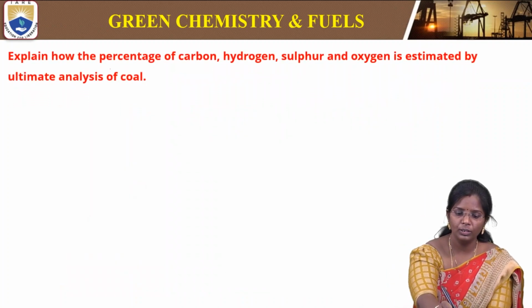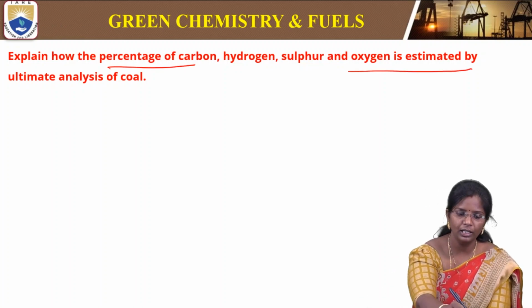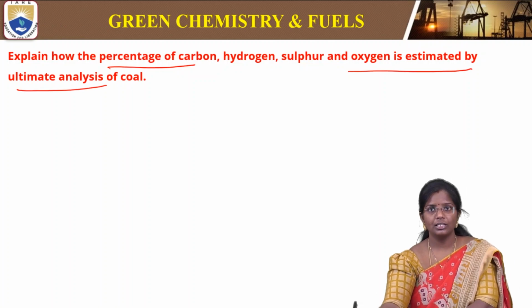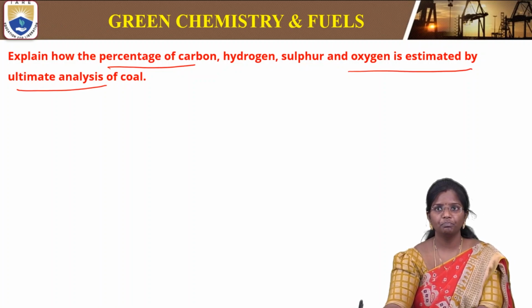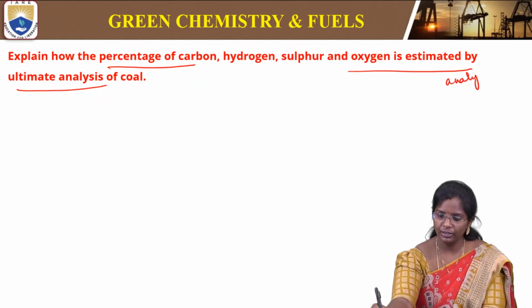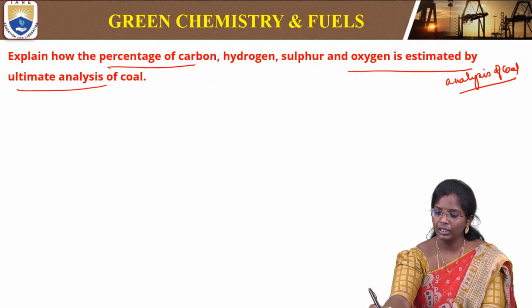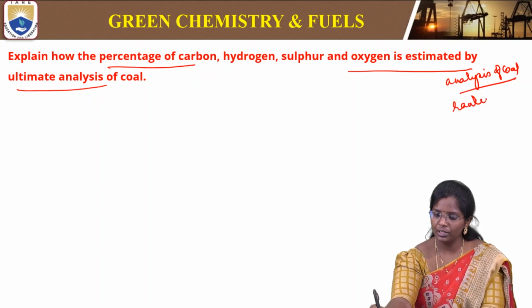Next, explain how the percentage of carbon, hydrogen, sulfur and oxygen is estimated by ultimate analysis of coal. So we have analysis that has to be done for any coal sample before we give a ranking to that coal.